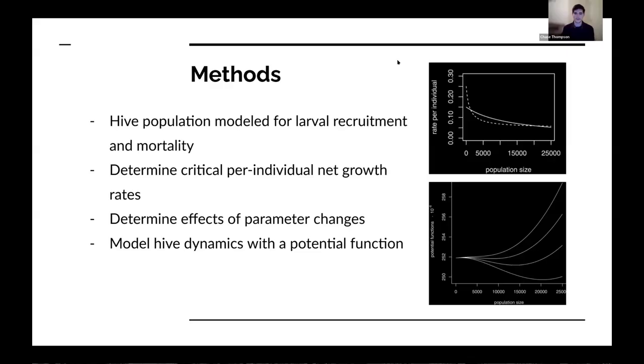As you can see on the bottom right graph, on the very bottom line, there's a wide basin of sorts. This represents a hive undergoing favorable conditions, where the lines above it are progressively less favorable, and it becomes less and less stable.